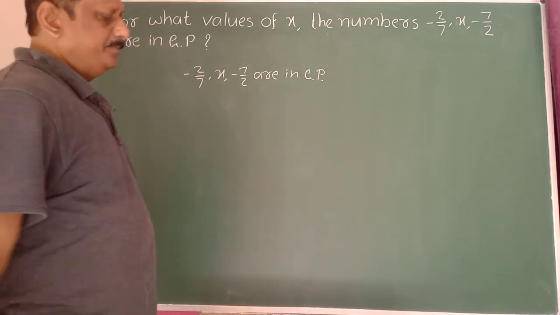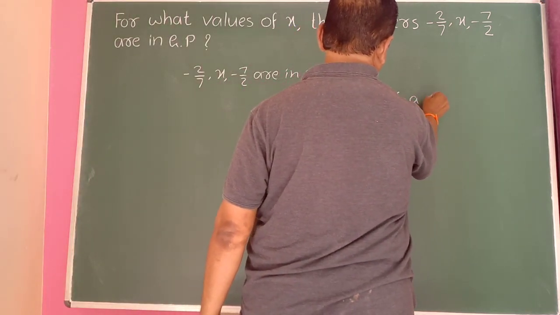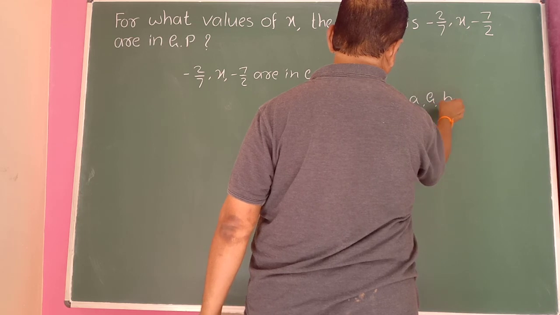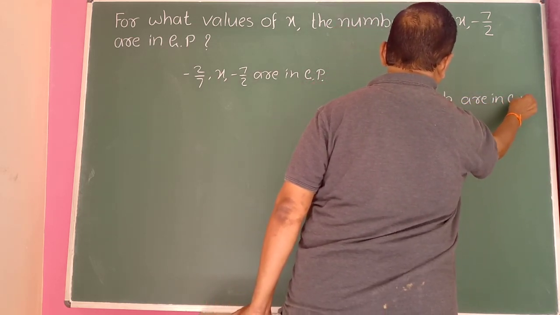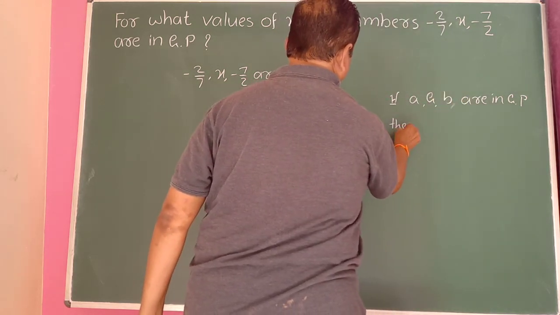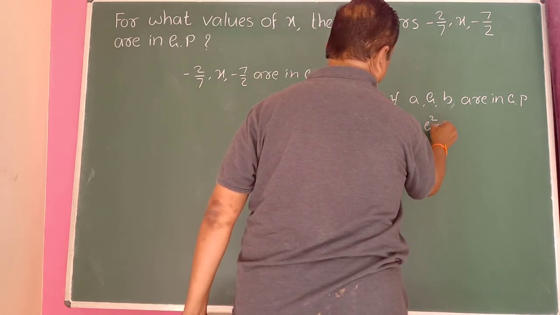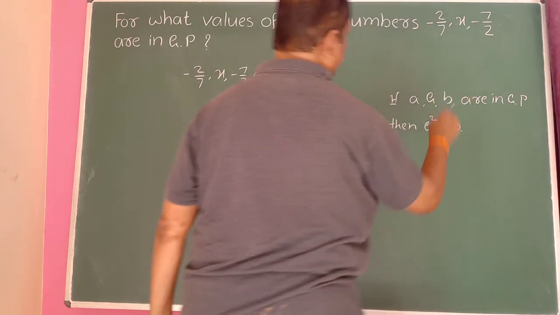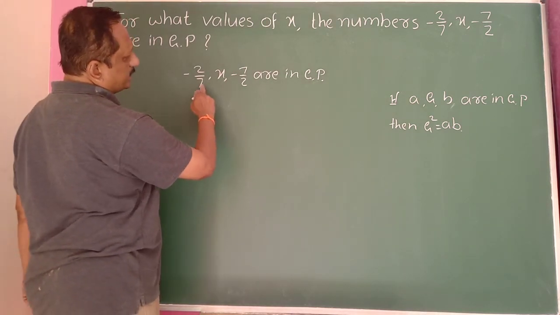You know that if A, G, B are in GP, then G is called the geometric mean, and its formula is G squared is equal to A into B. Hence these three terms are in GP.